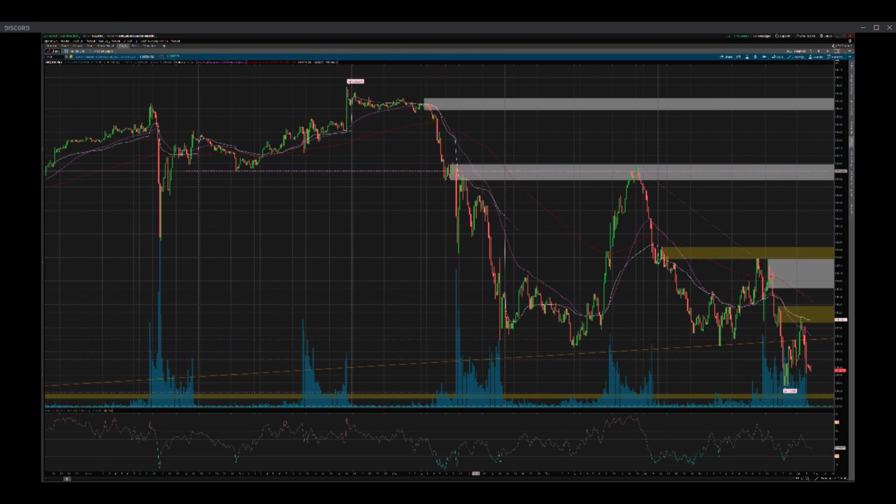Does that make sense? So if you have the option of getting short at the key level, you set your stop at entry.